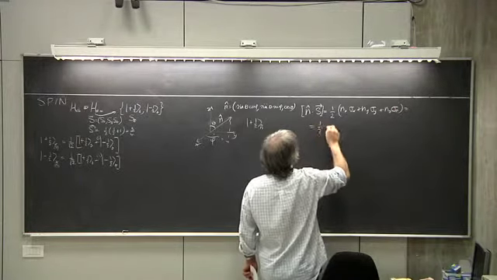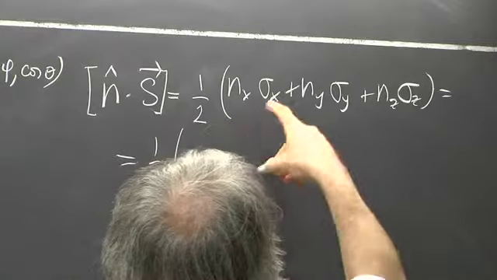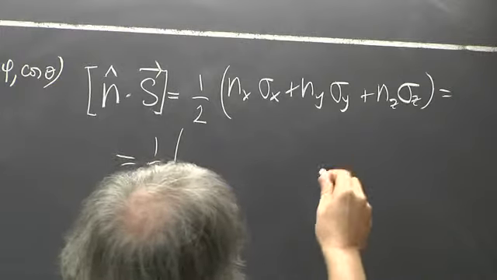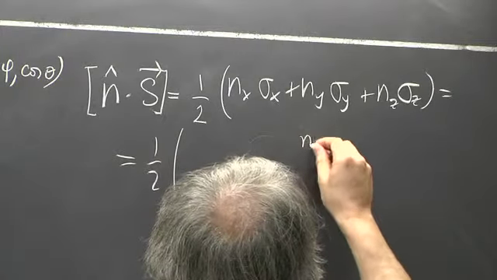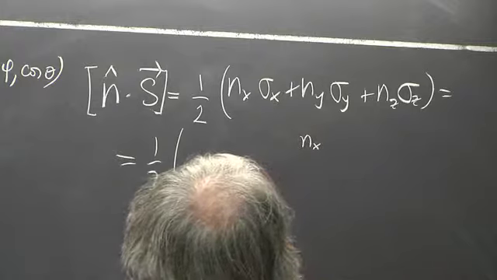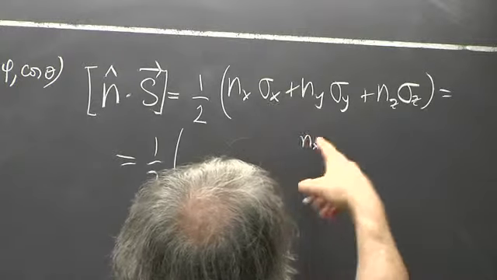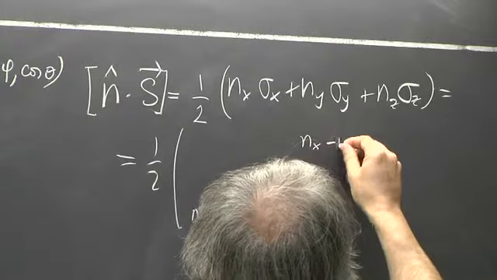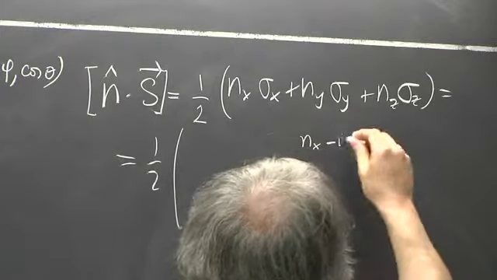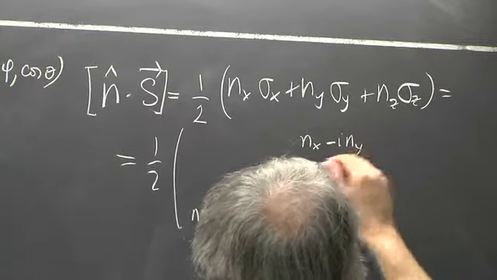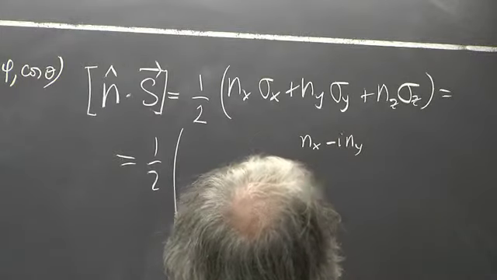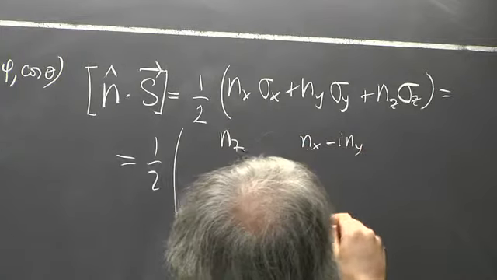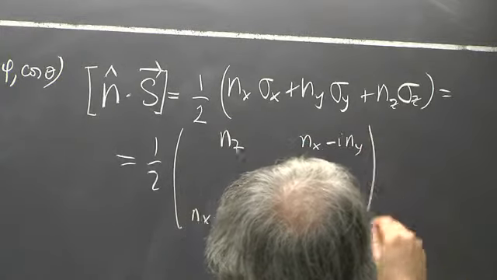Sigma x, I know, it's 1, 1 in the off-diagonal. So this gives me nx, nx. Sigma y is minus i here and plus i here. So it's minus i ny, plus i ny. And sigma z is 1, minus 1. So nz, minus nz.